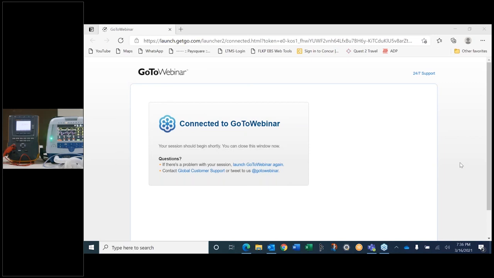We are going to see the voltage available in the facility. Voltage available in the facility means if you are in the hospital, if you are going to check, you have to check the voltage between the line L1 and L2, live to neutral, live to ground, and then neutral to ground.